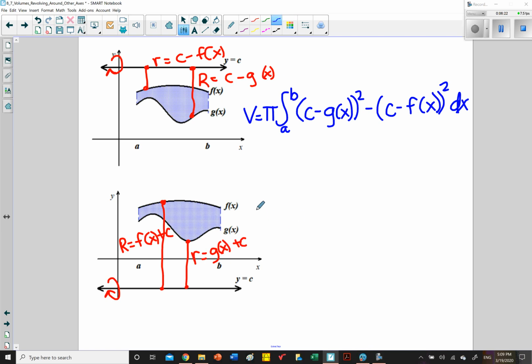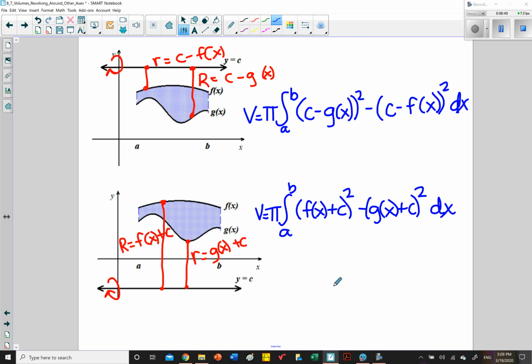And that volume formula would be pi from A to B of f of x plus c, quantity squared, minus g of x plus c, quantity squared, dx in terms of x. So once you do about 5 or 6 of these, you kind of get the hang of it. Just have to be really careful setting them up.